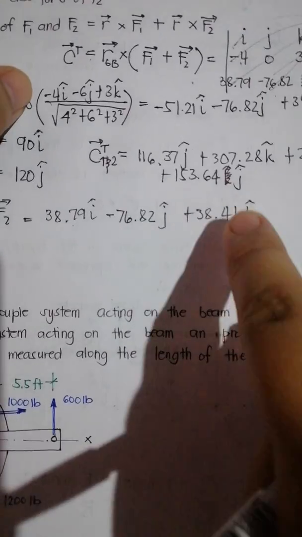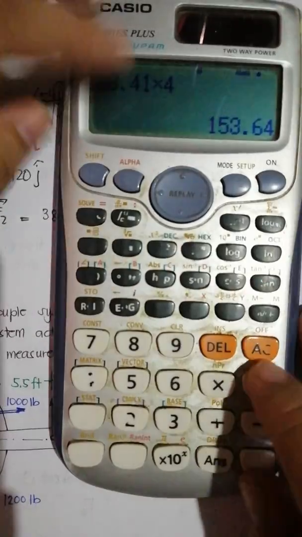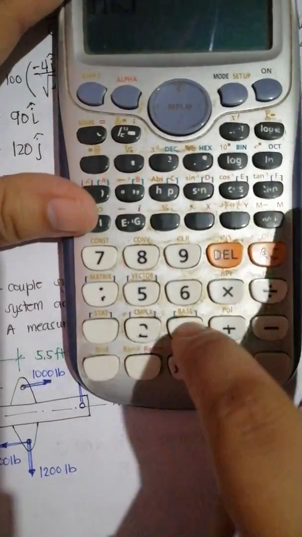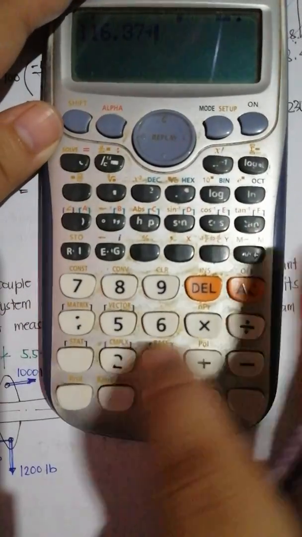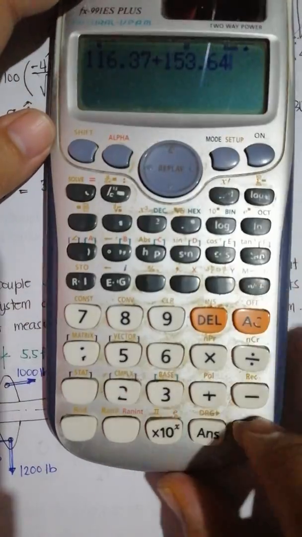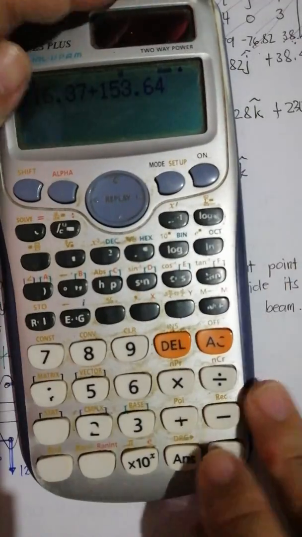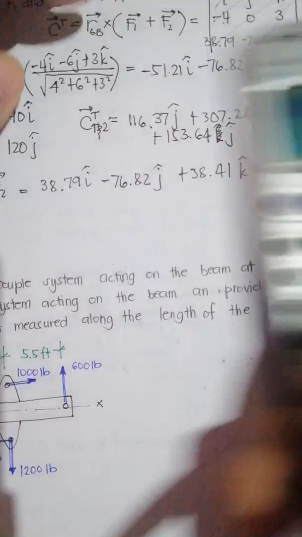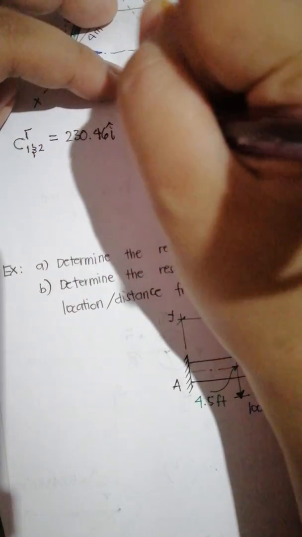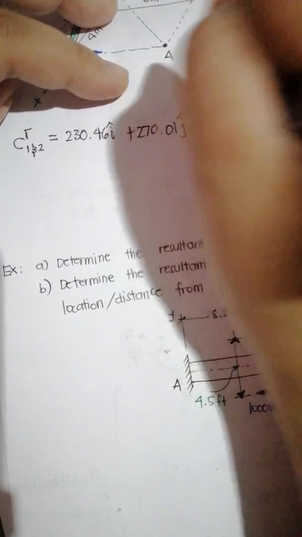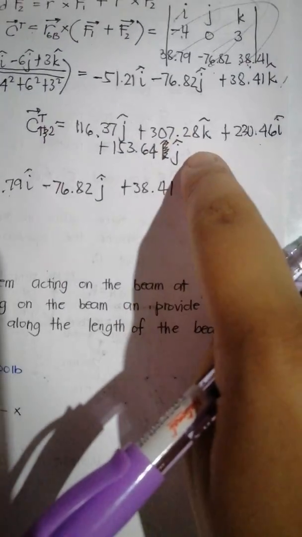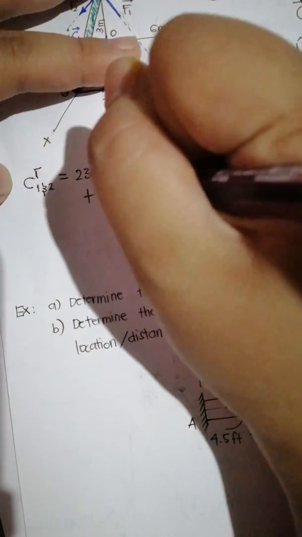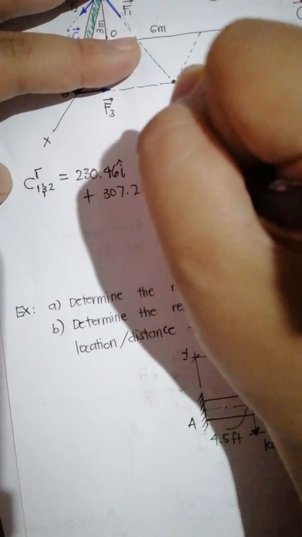For J hat, we have 116.37 plus 153.64, that is 270.01. That's for J hat, and for K hat, isa lang, we have 307.28 K hat.